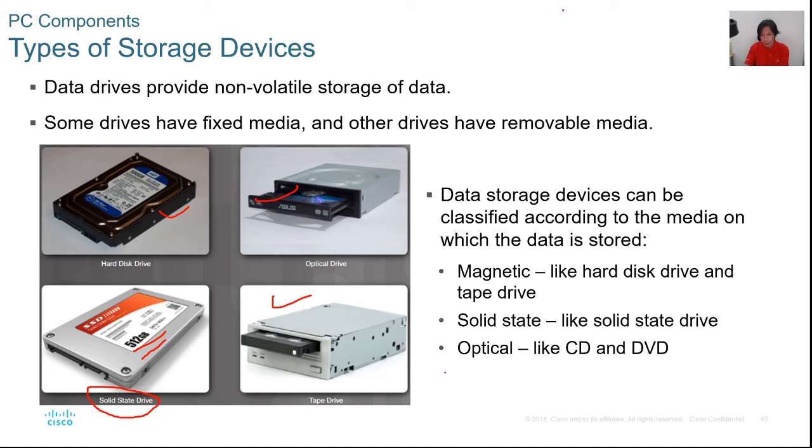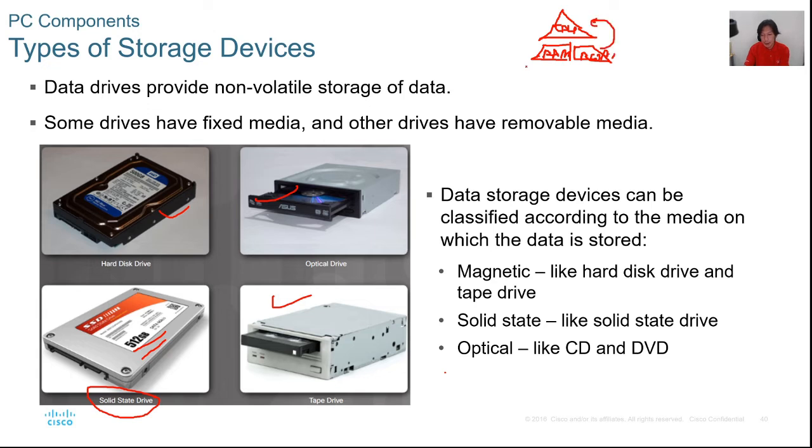Let me show you the hierarchy of the devices, and why they're called primary and secondary. The topmost part is the CPU. Below the CPU are the two primary memory types, the RAM and the ROM, which are accessed directly by our CPU.